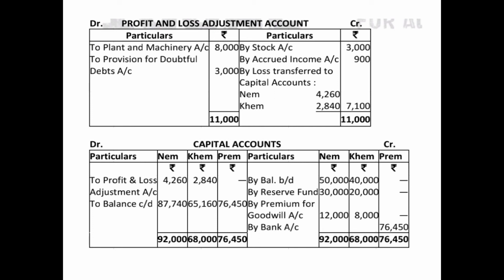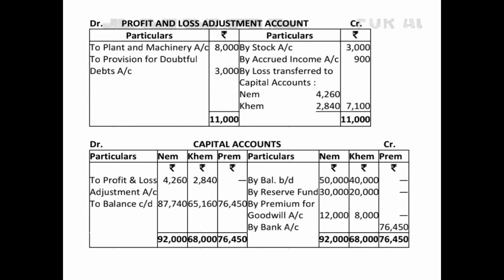Then thirdly, the premium for goodwill of rupees 20,000 brought in by Prem. Since no information about sacrifice was given, we have assumed that the old ratio is the sacrificing ratio, and therefore we have distributed the premium for goodwill of rupees 20,000 among Naman and Kalam. That means Naman has got 12,000 and Kalam has got 8,000.